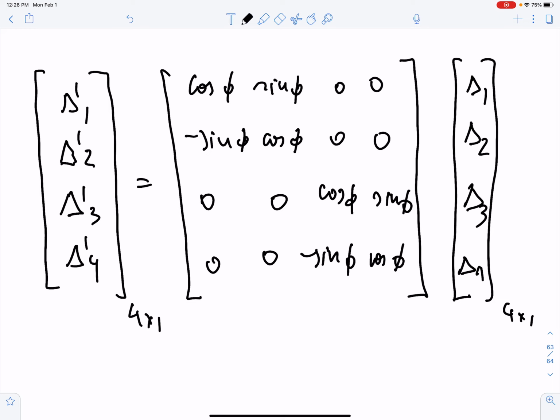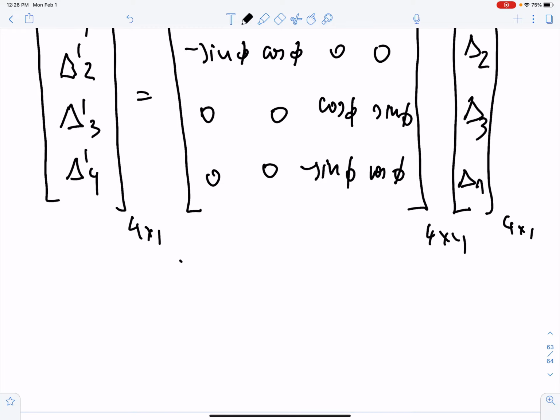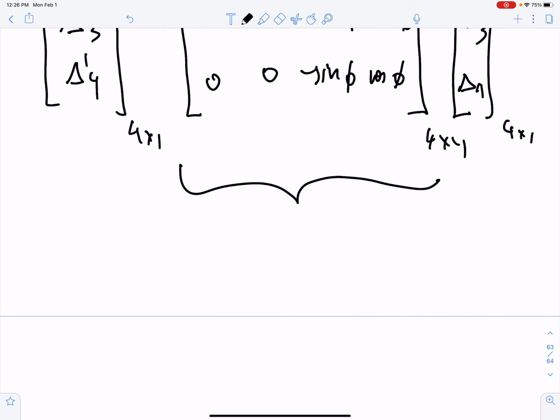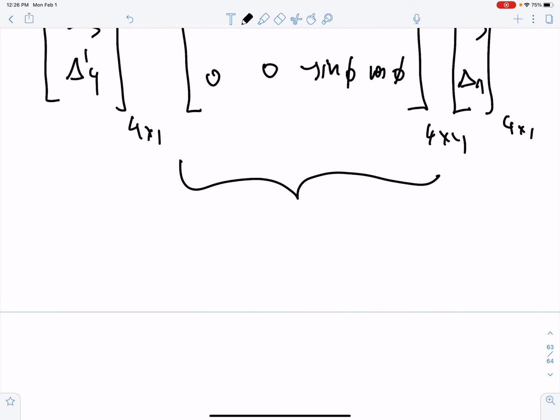So two independent transformations, for node I and for node J, but everything packaged into one 4 by 4 matrix.